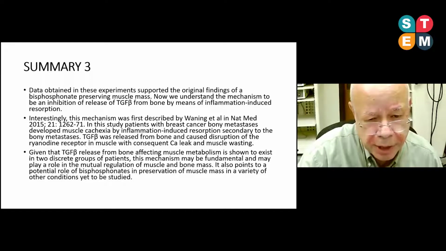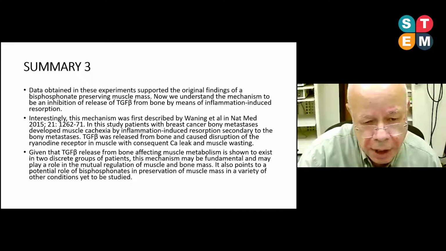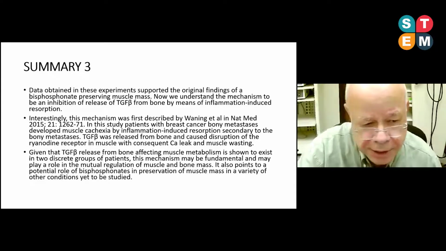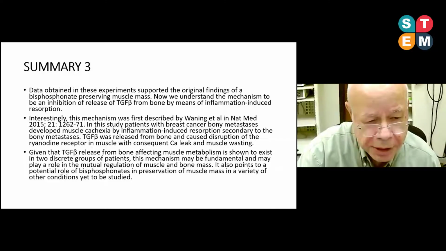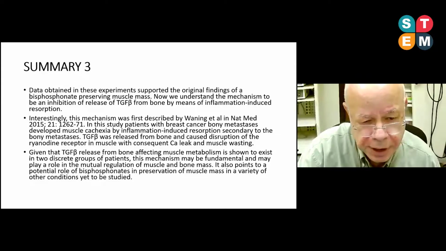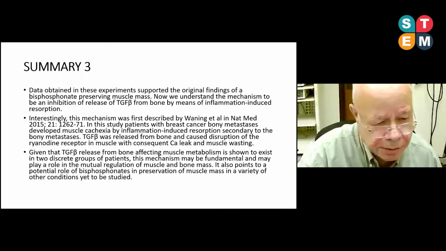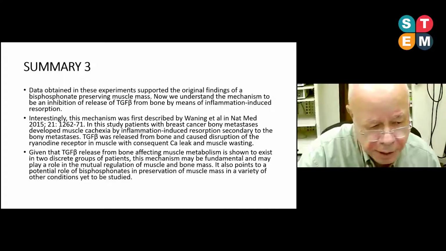Interestingly, this mechanism was first described by Waning et al. in Nature Medicine in 2015. And in this study, patients with breast cancer bony metastases developed muscle cachexia by inflammation-induced resorption secondary to bony metastases. TGF-beta was released from the bone and caused disruption of the ryanodine receptor in muscle with consequent calcium leak and muscle wasting.